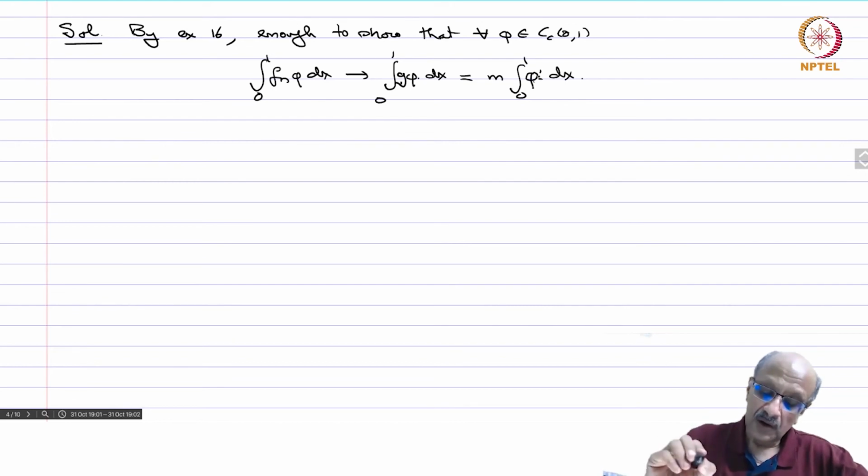Okay, so this is what we have to show. The Fn converges to g weakly, that is what the assertion was, not f. And g is m, so this is what we must show.